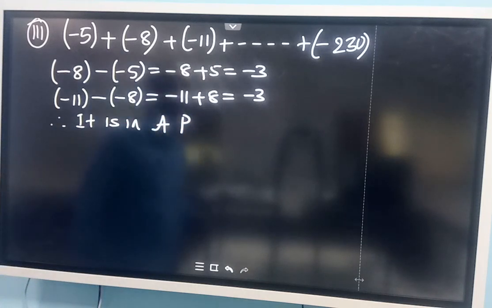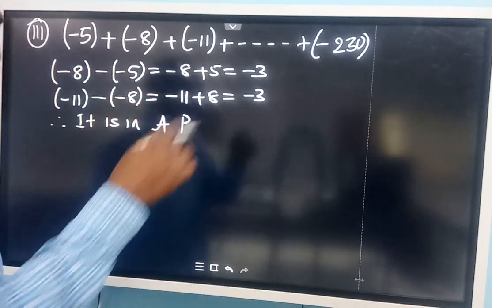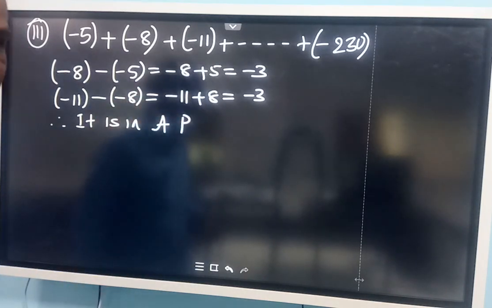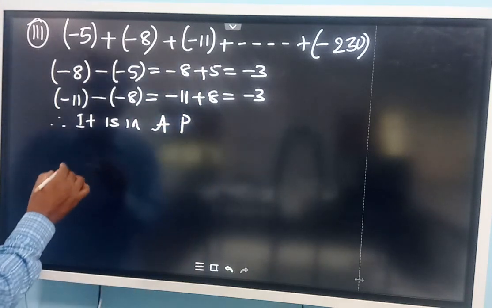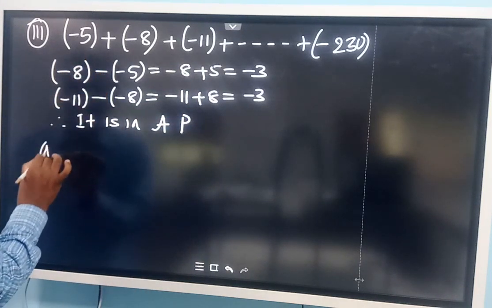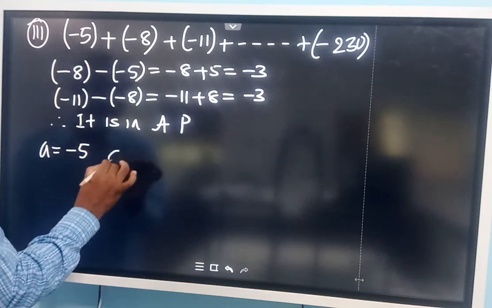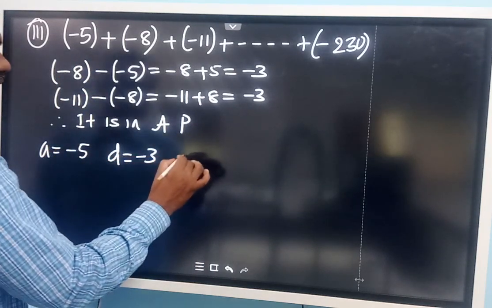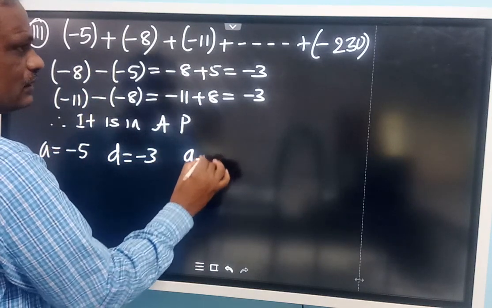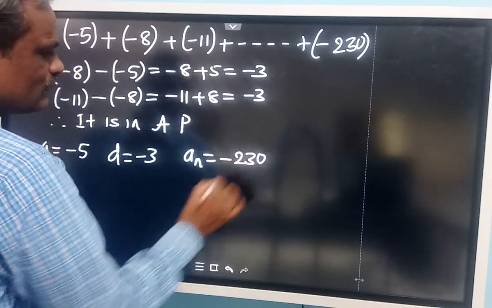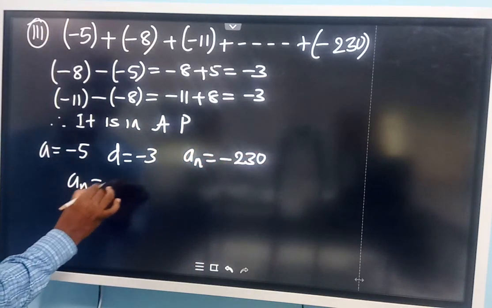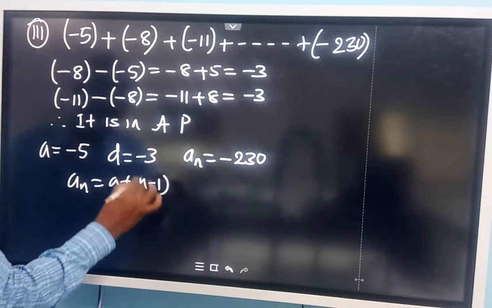As I said, to find out the sum of these terms, we should calculate the n value. So we have a is equal to minus 5, d is equal to minus 3 and an is equal to minus 230. Use the formula an is equal to a plus n minus 1 into d.